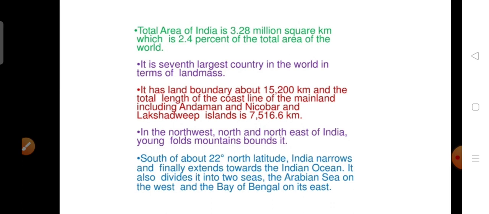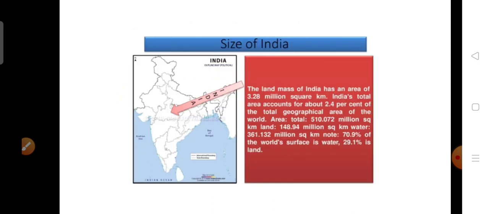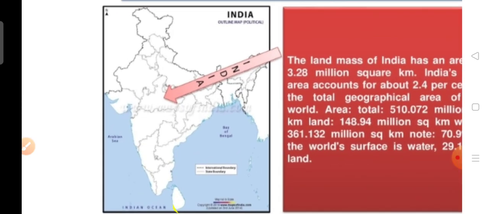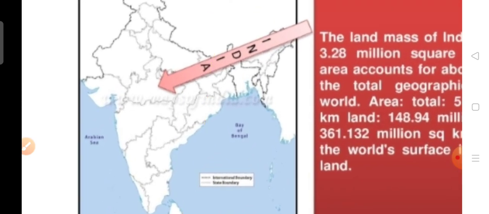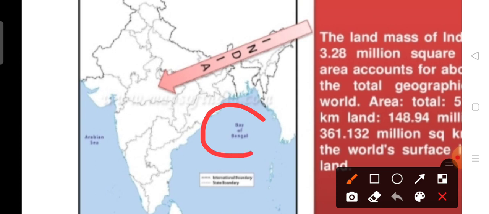South of about 22° north latitude, India narrows and finally extends towards the Indian Ocean. It also divides it into two seas, that is the Arabian Sea on the west and the Bay of Bengal on its east. We had already discussed that these two seas are there towards the east side and the west side. Bay of Bengal is towards the east side and the Arabian Sea is towards the west side.